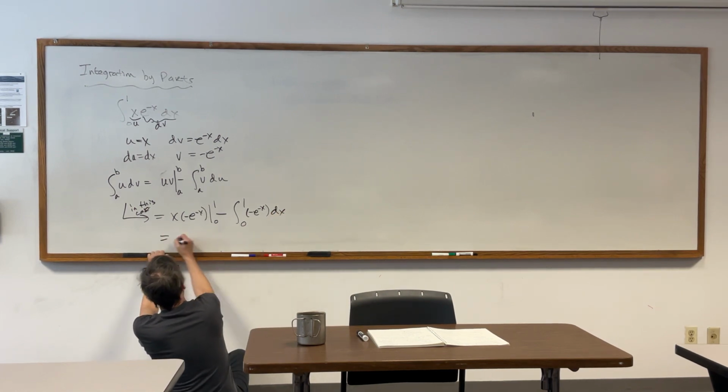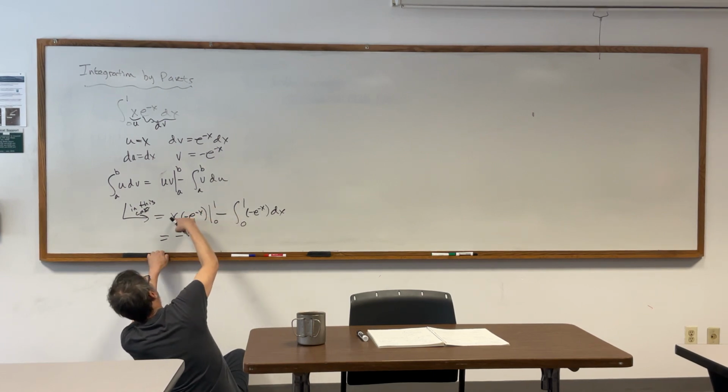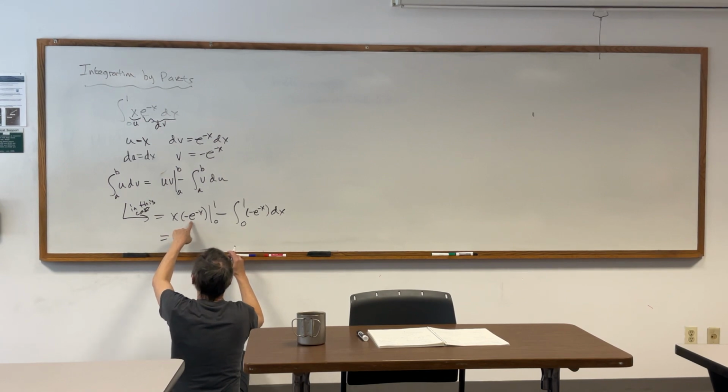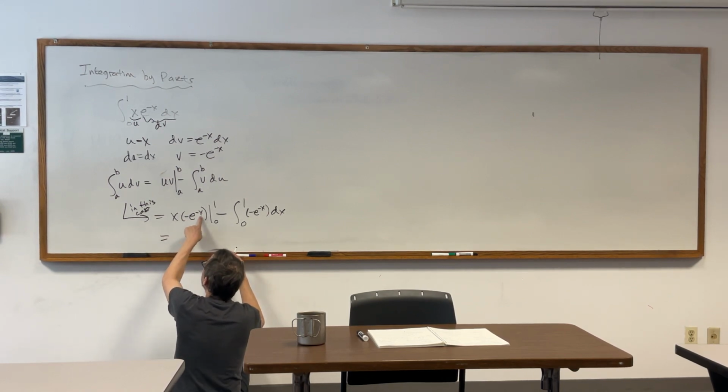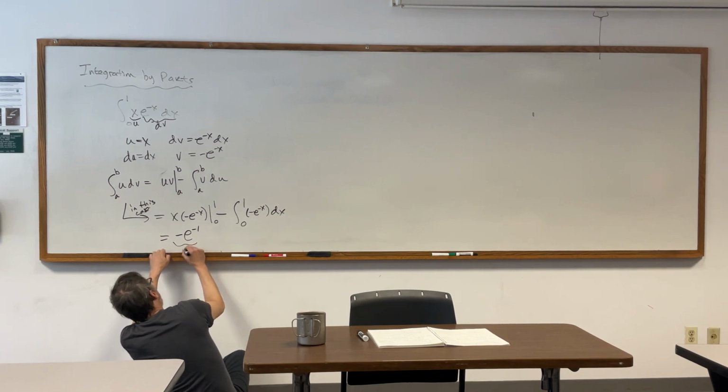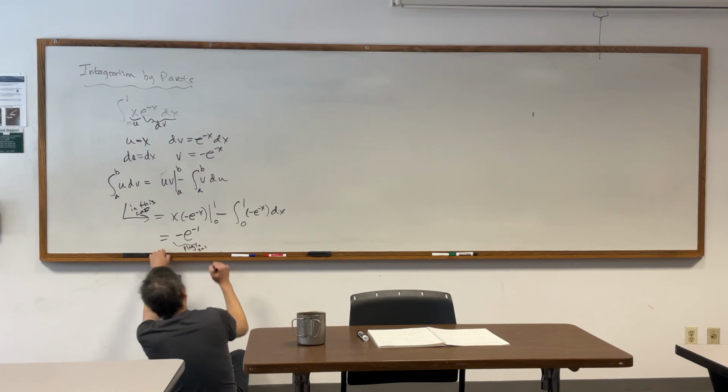And now I can just plug stuff in. So when I plug in the 1, this becomes 1 times negative e to the negative first. So let me write this out and tell me if that makes sense. So that's when I plug in x equals 1.